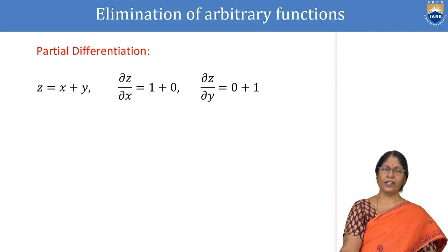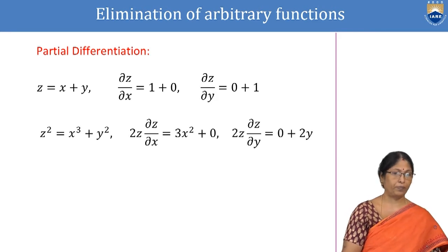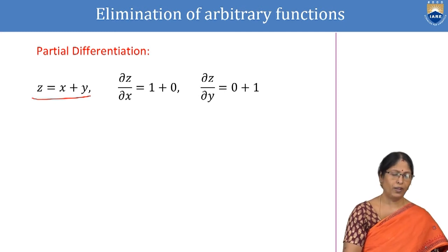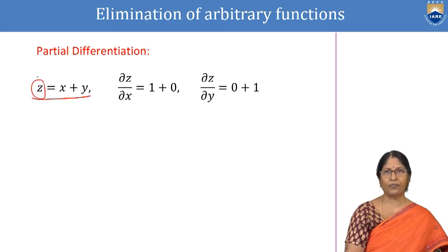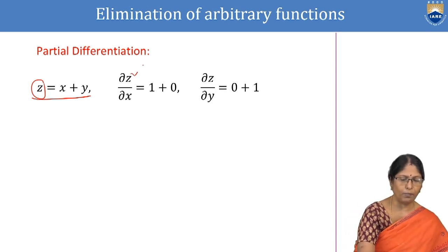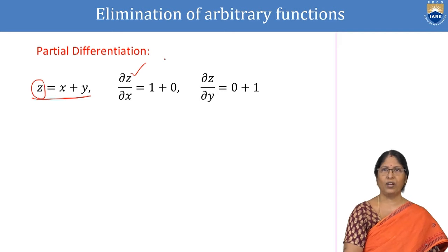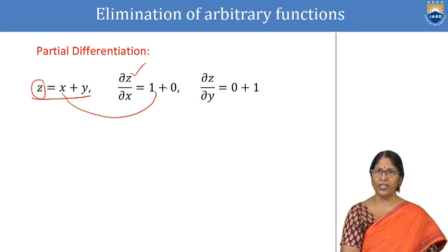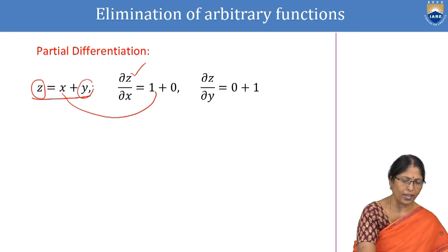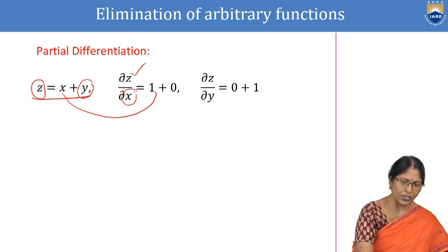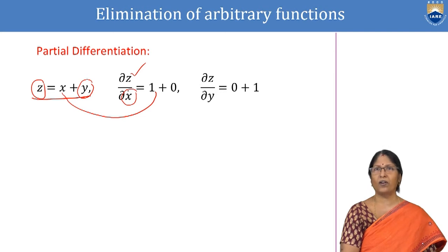Now we can see small examples of how to do partial differentiation. Take z equals x plus y. On the left side we differentiate partially with respect to x, so ∂z/∂x. For x, the differentiation is 1, whereas y, though an independent variable, we neglect because here we are concentrating only on x.